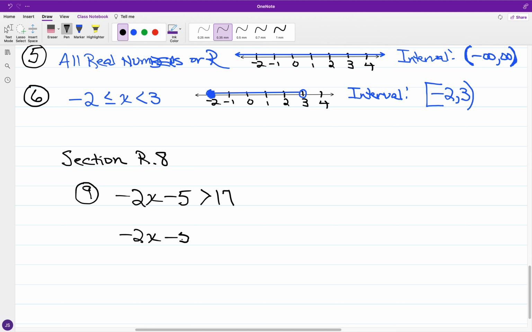Just like equations, I'm going to get the variable term by itself. And what I can do here is add 5 to both sides. So on the left-hand side I have negative 2x, and to the right I have 17 plus 5, which will be 22.